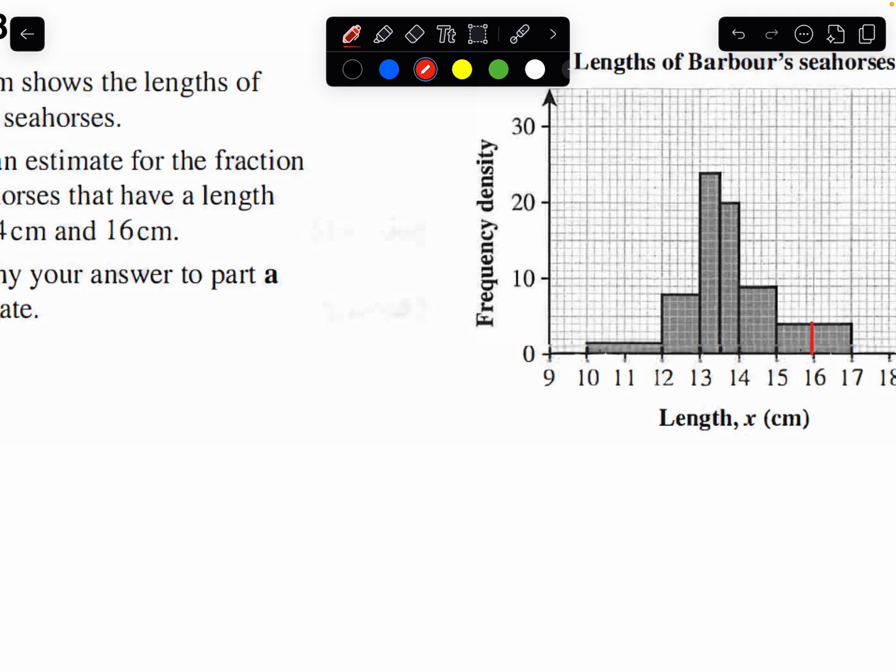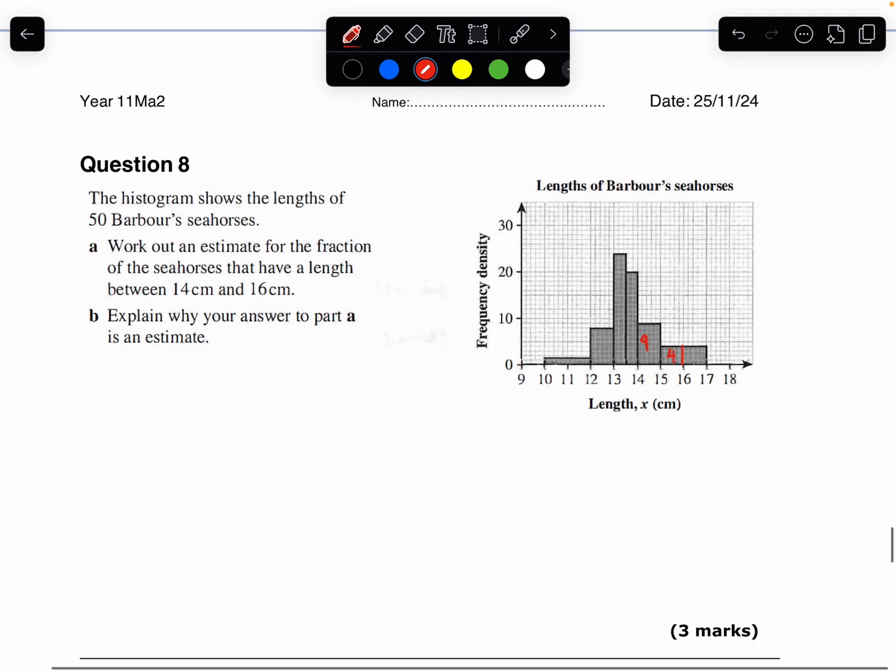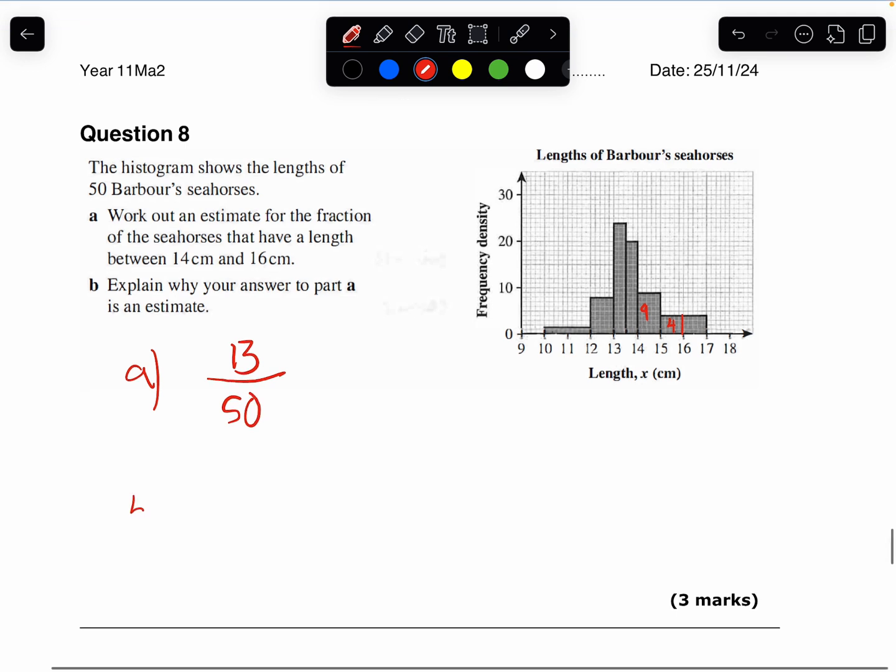So 14 to 15 has an area of 9. And then 15 to 16, once again, it's 1 across and it's 4 up. This has an area of 4. So in total, there are 13 seahorses that are between 14 and 16. And as a fraction of the total, 13 over 50. It is an estimate because we don't know the actual data.